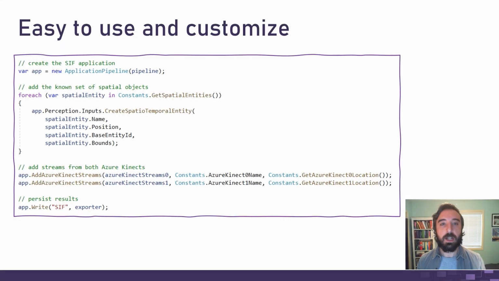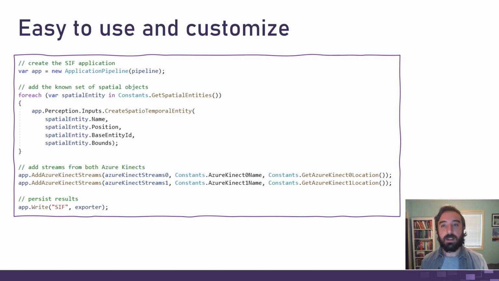Now, like I said earlier, one of the central principles here is to make this easy to use. So for example, this is the core part of the main application level code that actually generated much of the data you've been seeing in these visualizations. Basically, you just need to instantiate your CIF application pipeline, add the existence and location of some known objects in the world, and add your sensors.